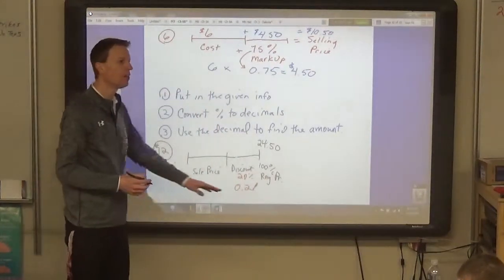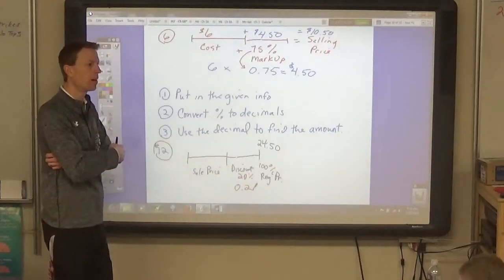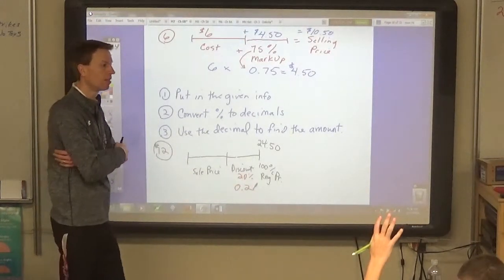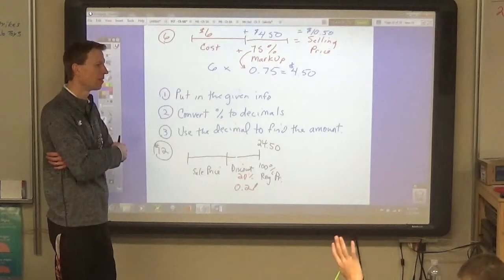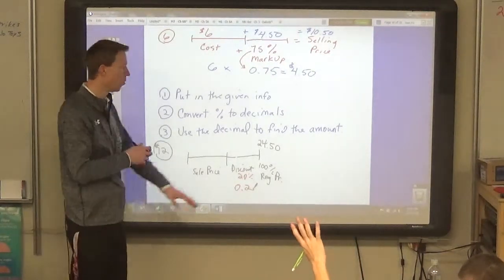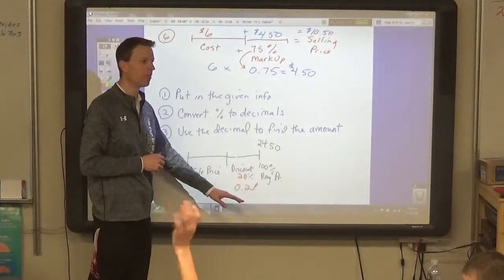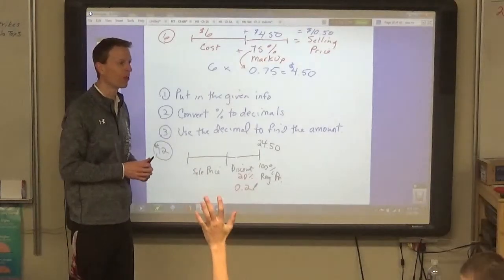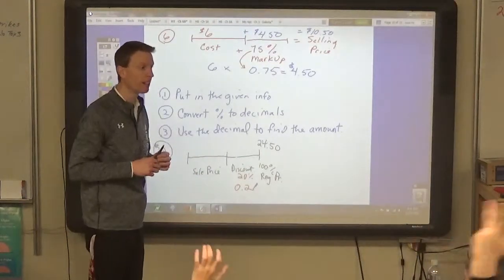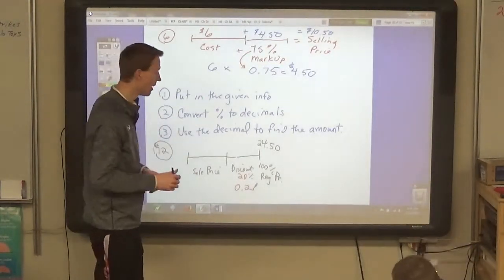Now, how do we use that to find an amount? Times the sale price. We don't know the sale price. What are we trying to find 20% of? The regular price. We're going to take off 20% of the regular price.